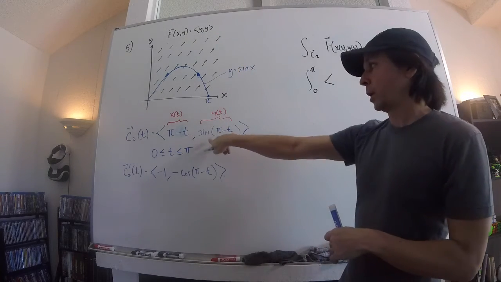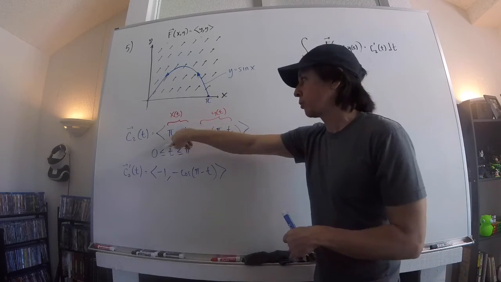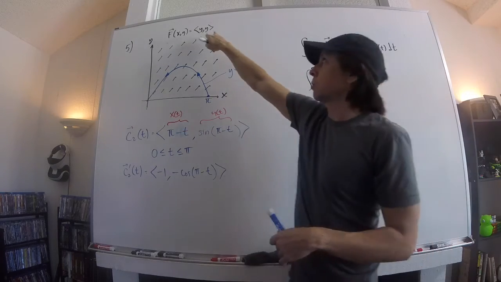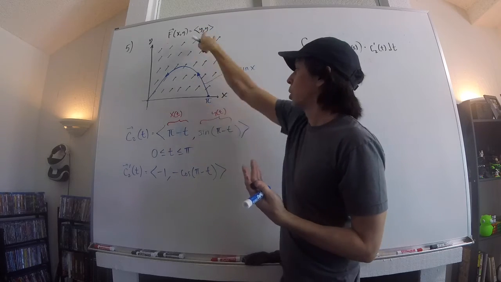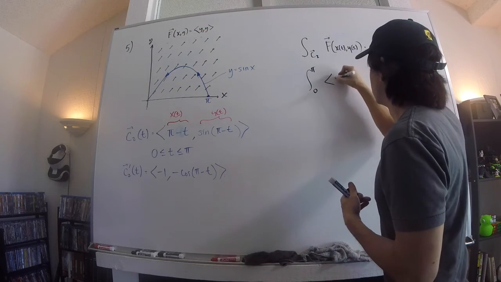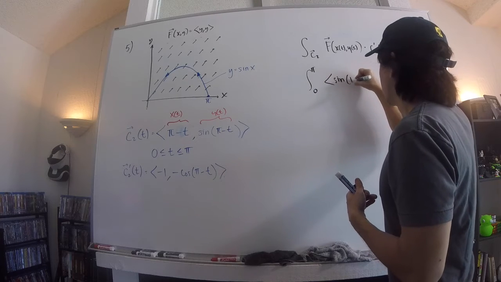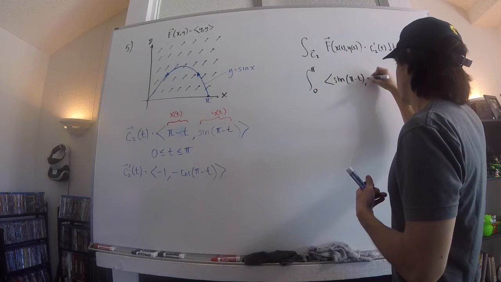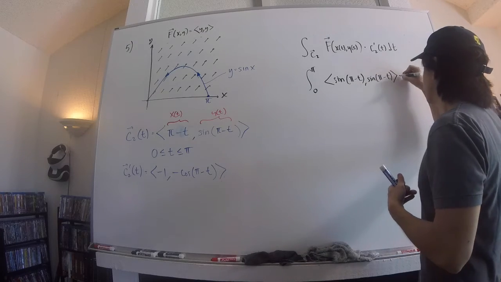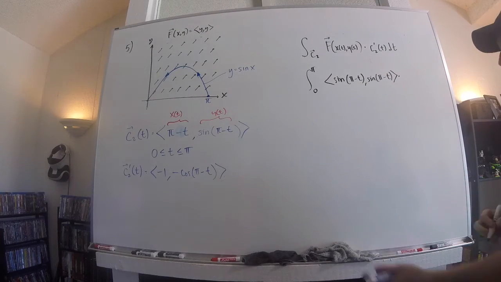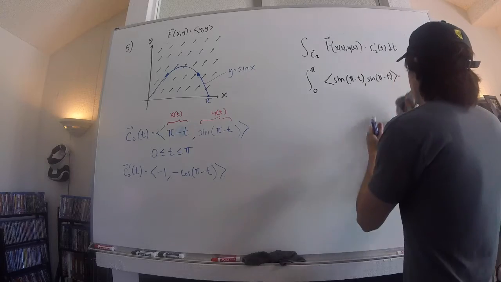Y is different now. Right here's y. So you're plugging in x and y into this equation. It just happens to not involve x. It could in the future, but here it's just y comma y. So I'm grabbing that. I'm getting sine of pi minus t, sine of pi minus t. Dot product with, oh, I don't have any room. Sorry, let me put some room.